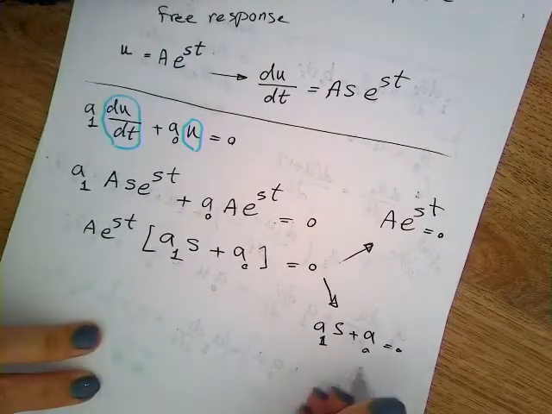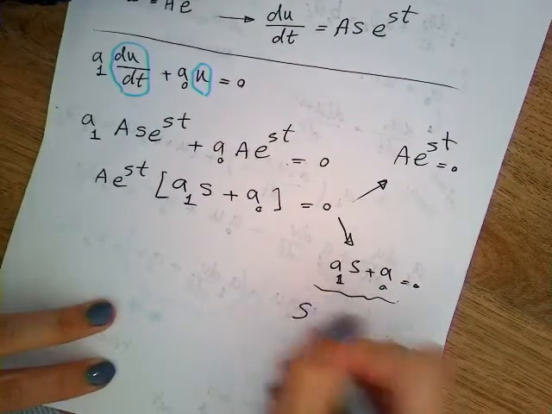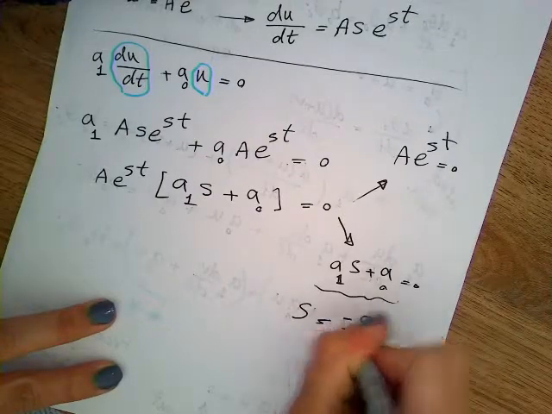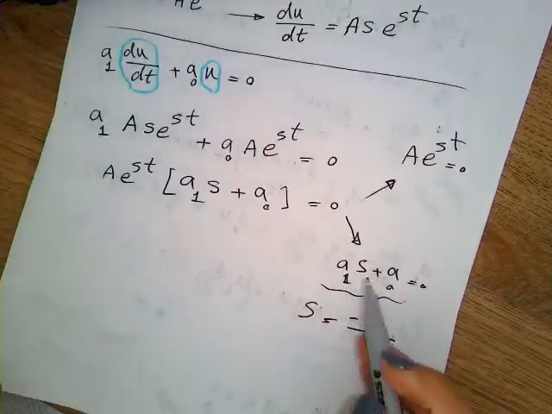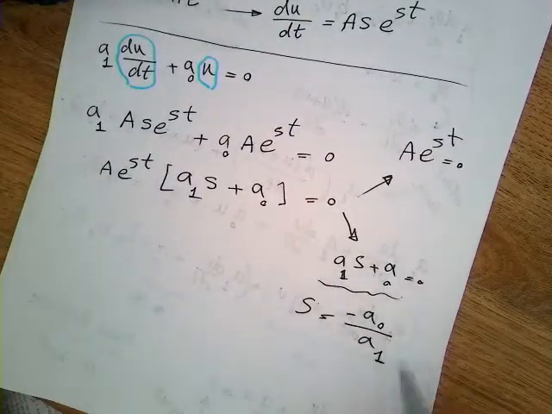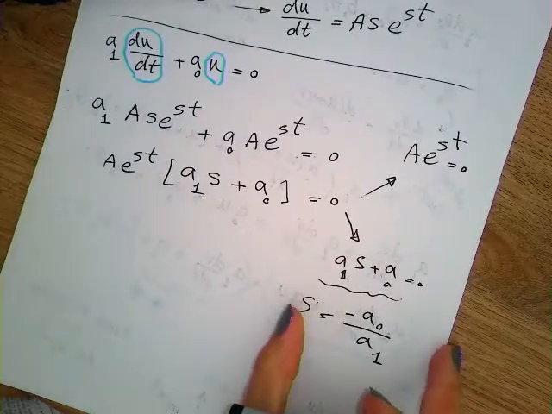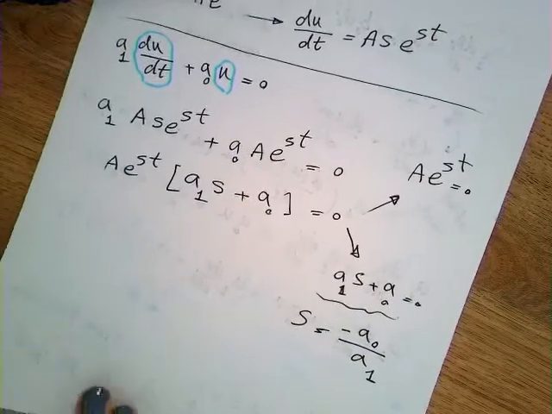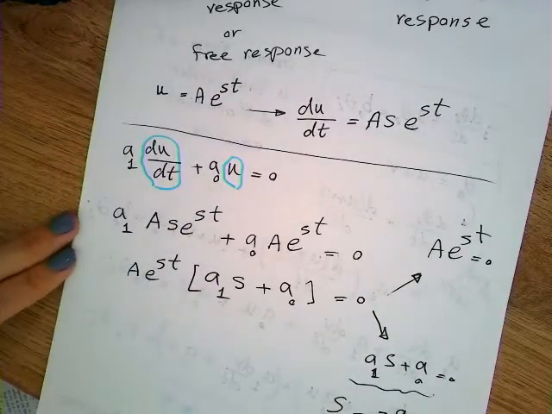This part is giving us a good clue, because from here we can obtain that s is equal to minus a0 over a1. So now we have a good answer for s, and now we can put that for obtaining the value for our u.